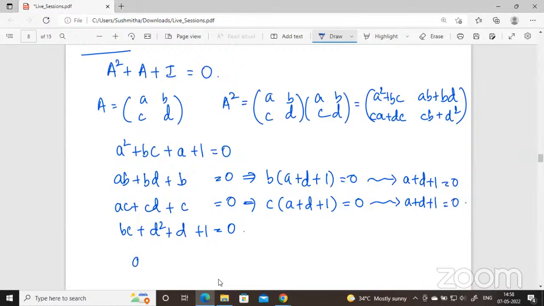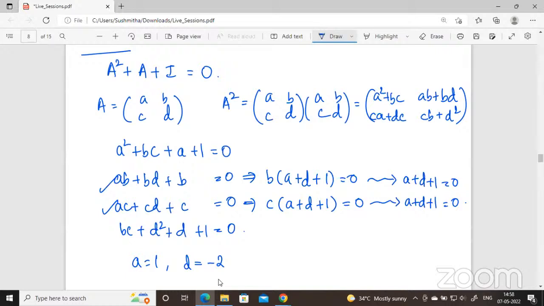Say I put a equal to 2 and d equal to minus 3. It satisfies these two equations, right? a plus d plus 1. Okay, fine. So these two equations are satisfied.